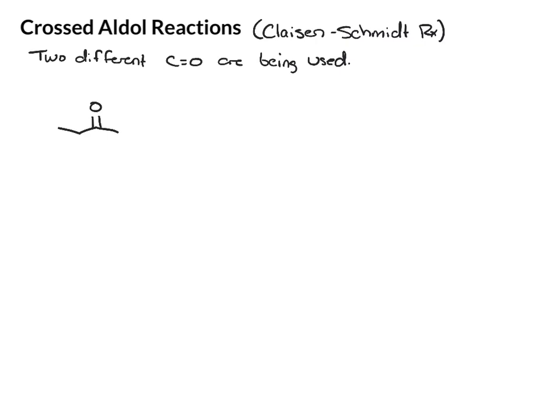So let's consider a case where we use two different ketones. We have ethyl methyl ketone, and then we'll say, what if it reacts with ethyl isopropyl ketone? Conditions will be the same, base and water.